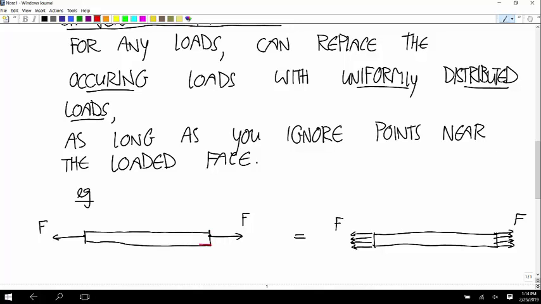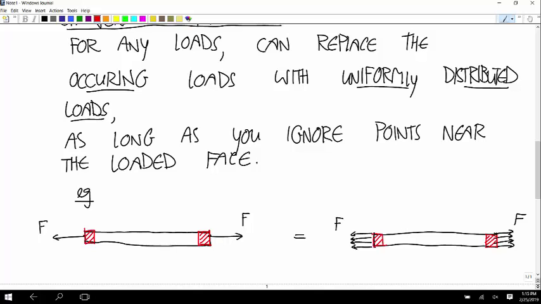As long as we throw away any information we get about this, we just don't want to trust stuff here close to those loaded faces. So say that this is how the beam is really loaded, okay?